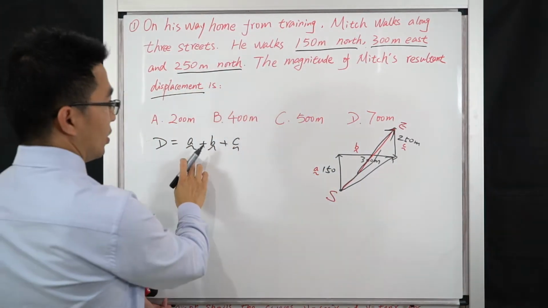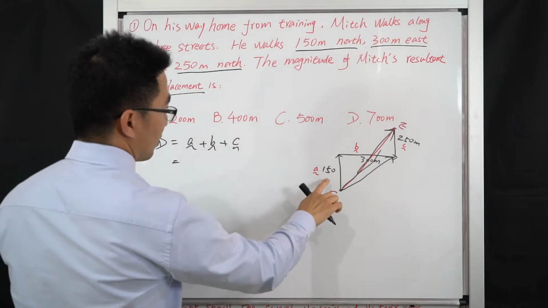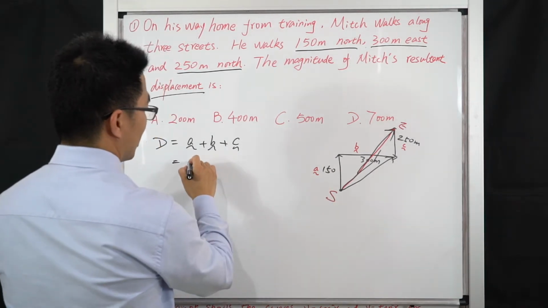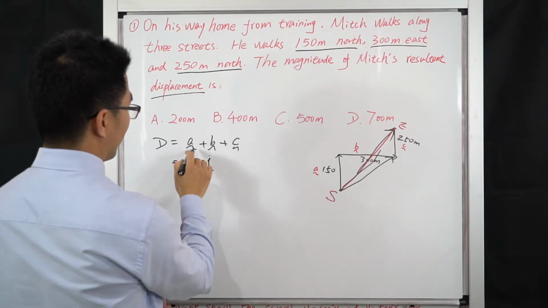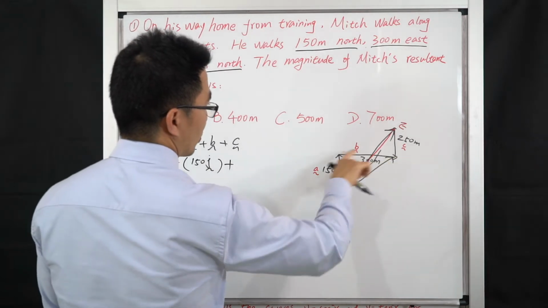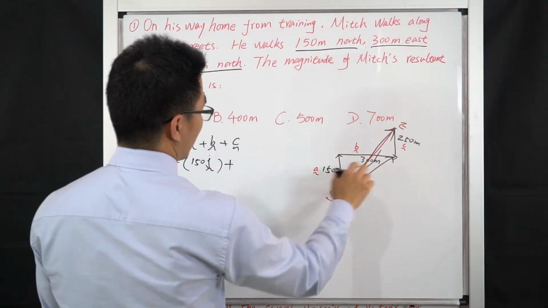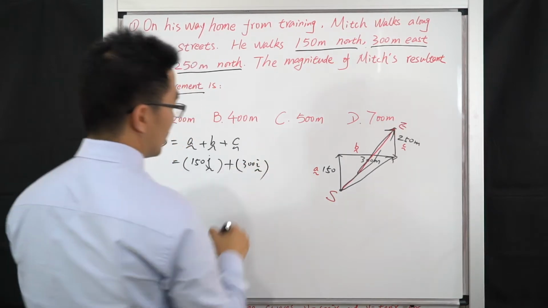Right. Okay. What is A? A is just going north, right? So the vector for this one would be 150j, with i for the horizontal, this is for the vector A. Okay. Vector B just goes east horizontally with 300 meters, so it will be 300i only.